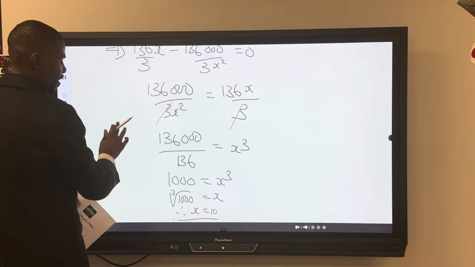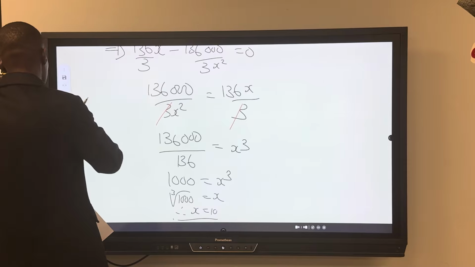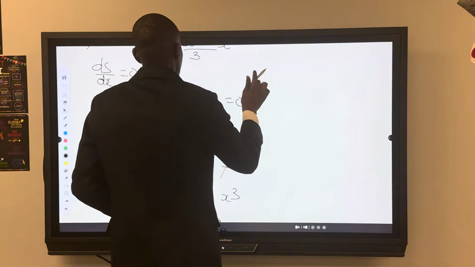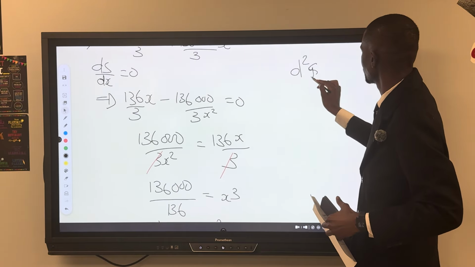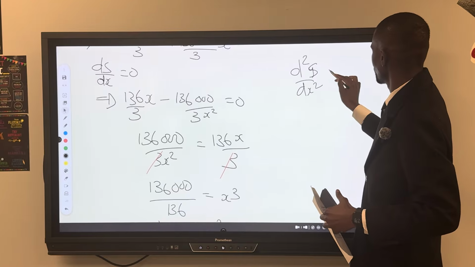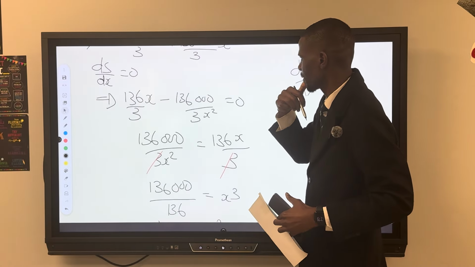But we need to justify that this is a minimum. When this is a minimum, it means the second derivative of s must be greater than 0. So let's go back to where we have differentiated.